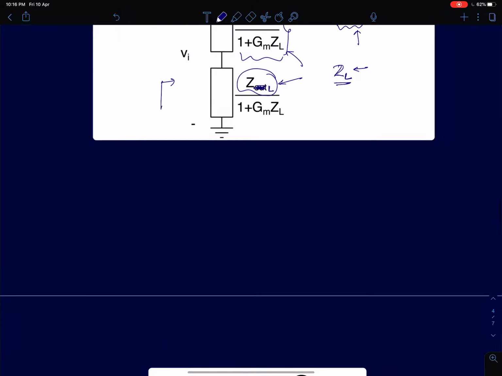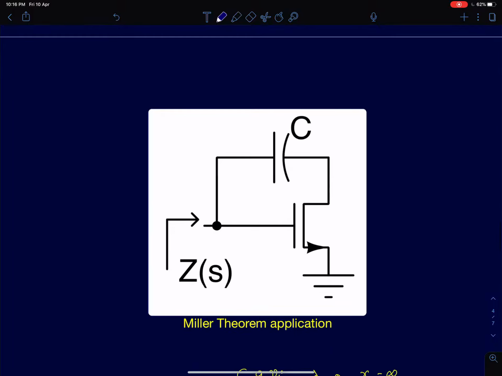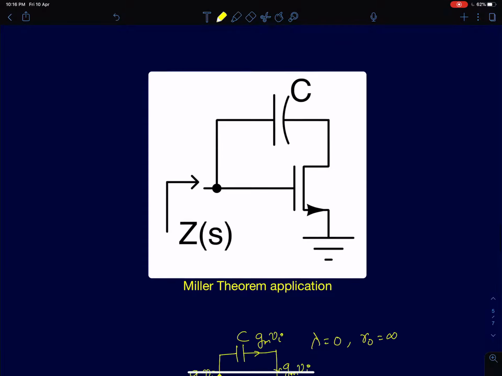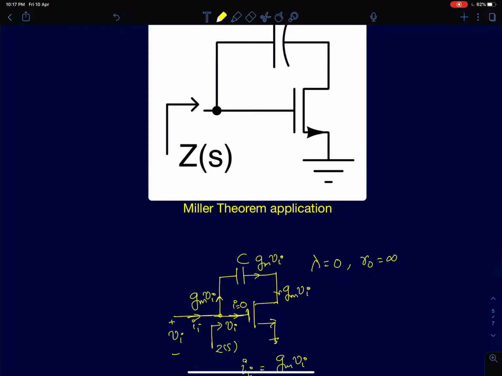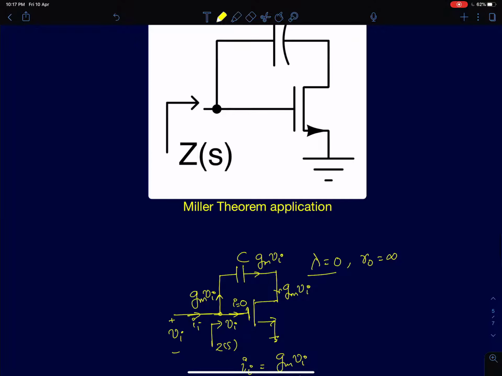We will now go back to the circuit which we started, and we wanted to analyze this circuit using the equations that we have derived so far. Now, if you want to find the input impedance, first we'll start with the easier case, which is lambda equal to 0, which means R0 is infinity. In that case, when you apply a voltage Vi, you will have a current GMVi flowing through the MOSFET. Since R0 is infinity, this GMVi, as it flows from drain to source, comes here and sees no other path to flow.